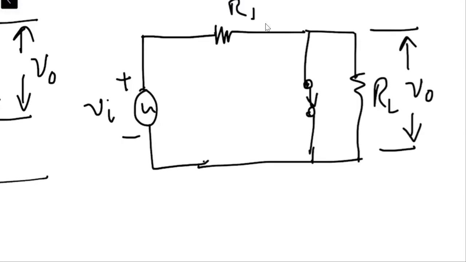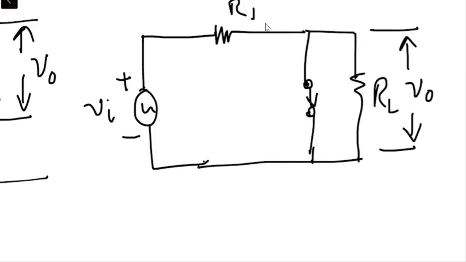As you can see, there is a switch which is being short circuited and a load resistor RL. So what is going to be the output? Across a short circuit, what is going to be the voltage? 0.